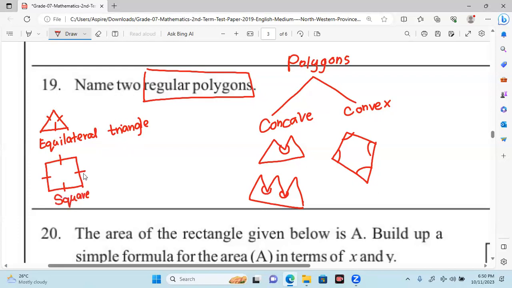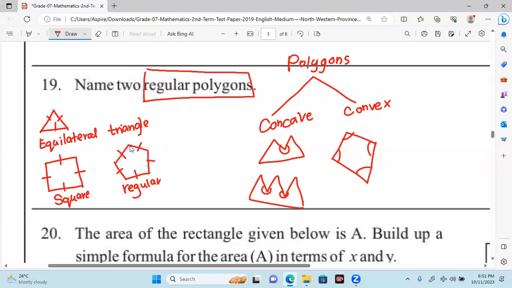If there are 5 sides, equal 5 sides, it is called a regular pentagon. If it has only 5 sides, we call it a pentagon.